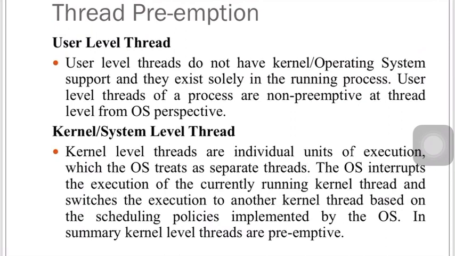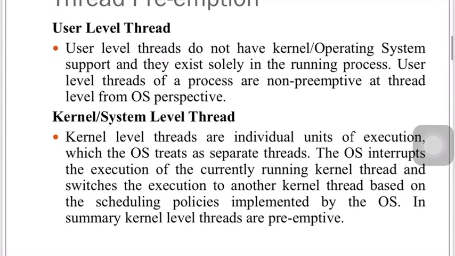User level threads of a process are non-preemptive at thread level from the OS perspective. So user level threads are non-preemptive. We'll discuss what preemptive and non-preemptive mean. Basically, user level threads do not have operating system support, they solely exist in the running process, and they are non-preemptive.